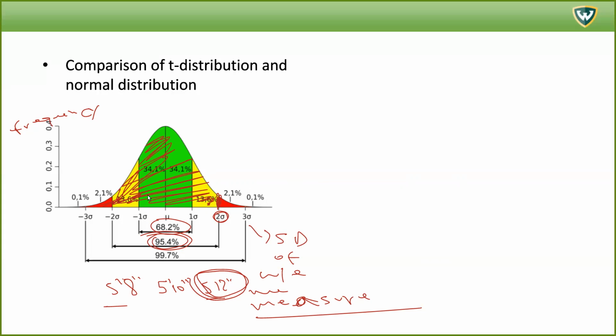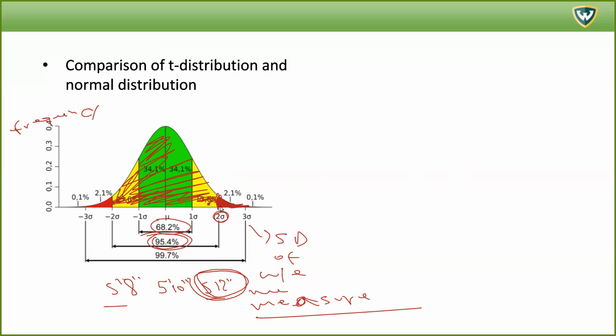All of these people here, how many could be 5'12" or above, rather, not just 5'12"? 5'12" just as one point is a little bit more tricky, because we're talking about the area under the curve. So what is the chance of getting a person that is 5'12" or above? Well, that is going to be this whole area over here.